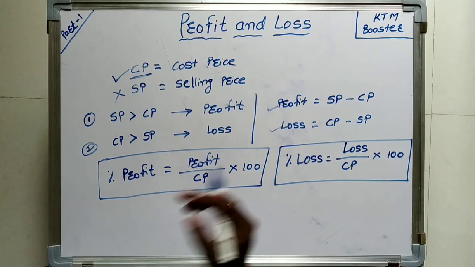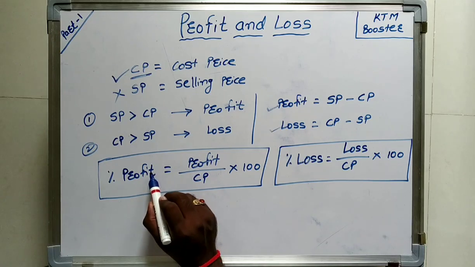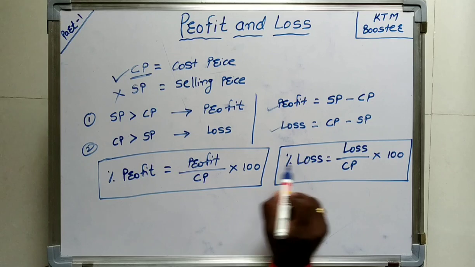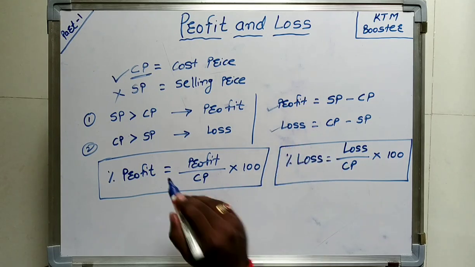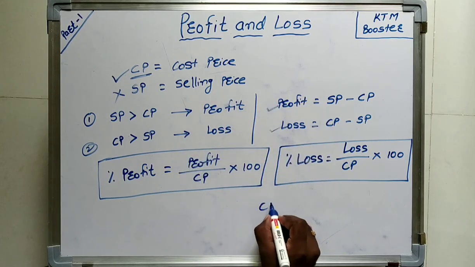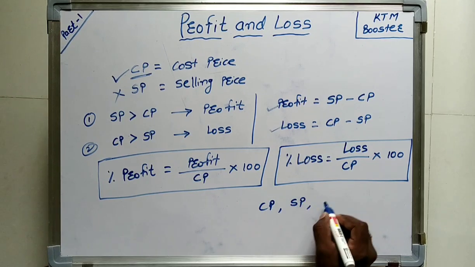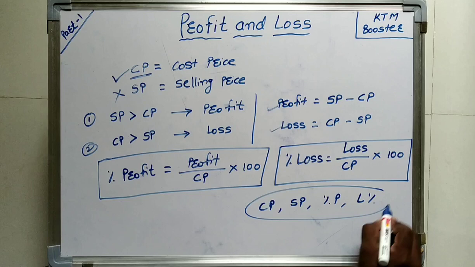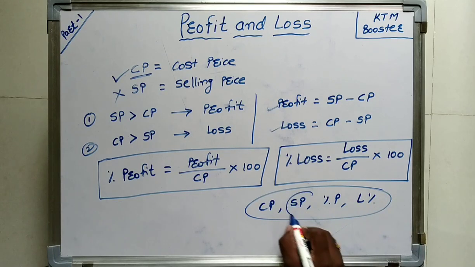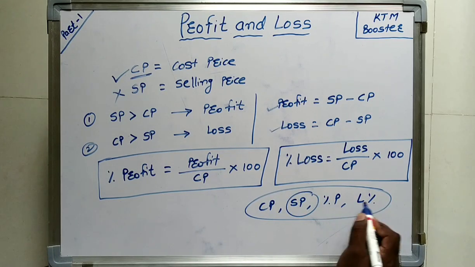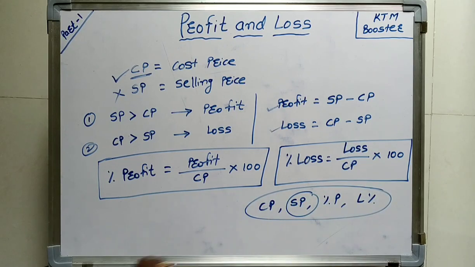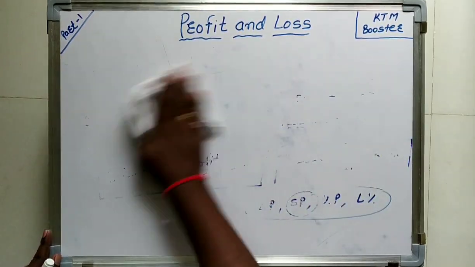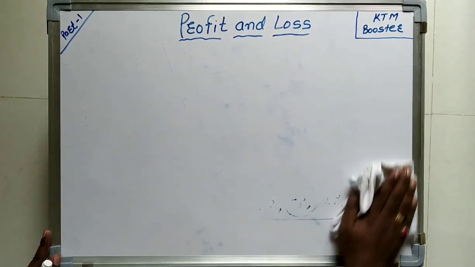Now we will see when selling price, cost price is given, and when loss percentage is given, right? At that time there are four quantities: selling price, cost price, profit percent and loss percent. If any one quantity is not given, then how to calculate that particular quantity? We have the standard formula. Now we will see that particular formula by using which we can calculate the unknown quantity.